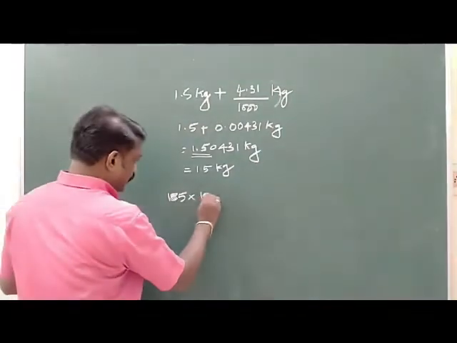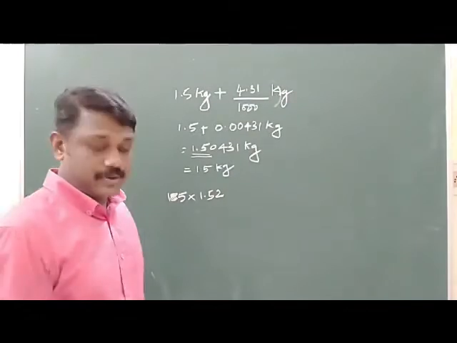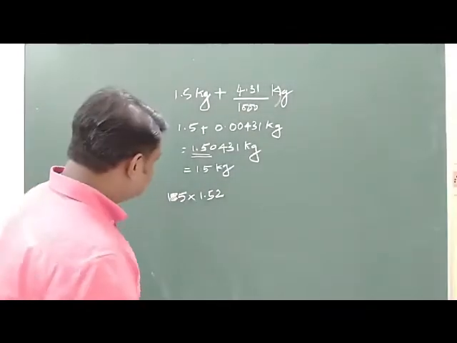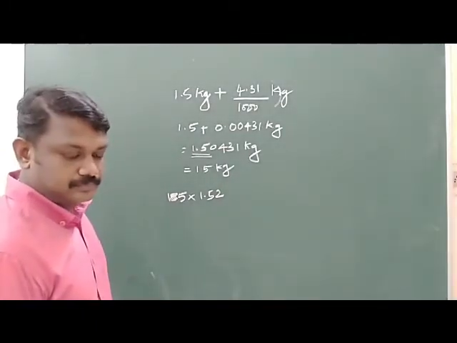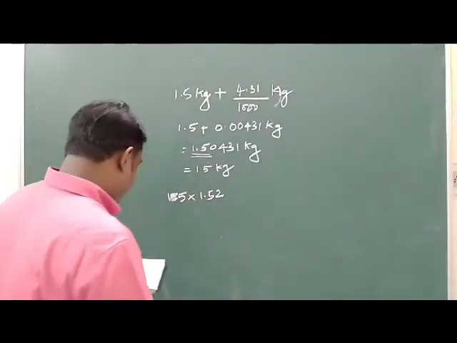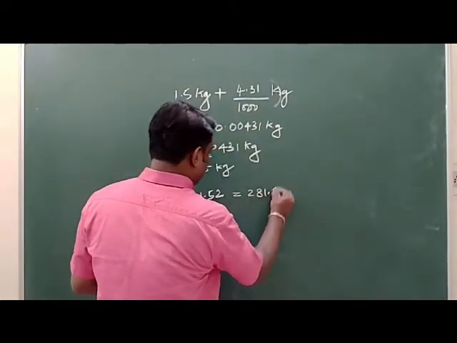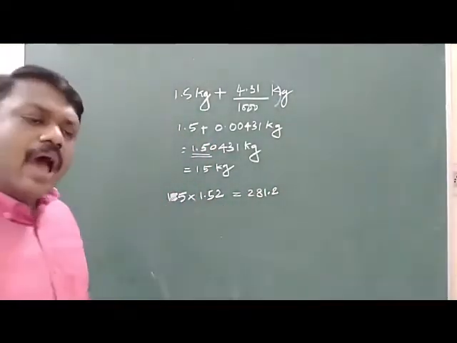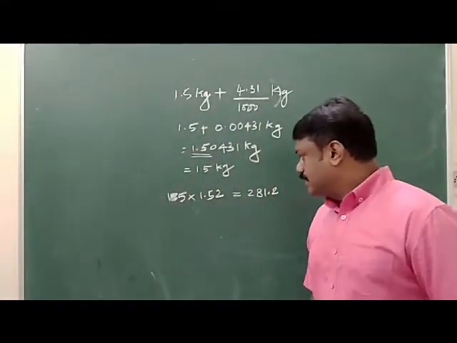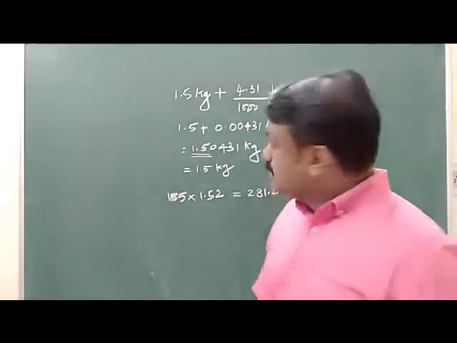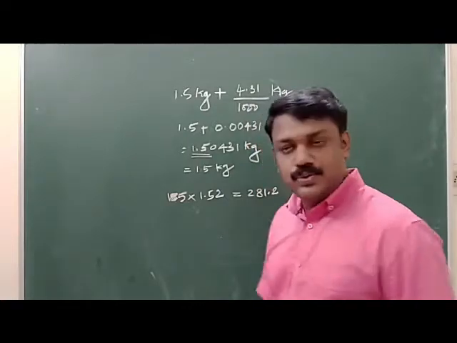You just calculate it, how much is it coming? It is coming as 281.2. If it is not asked to consider significant figures, you write the answer 281.2 when multiplying 185 into 1.52.